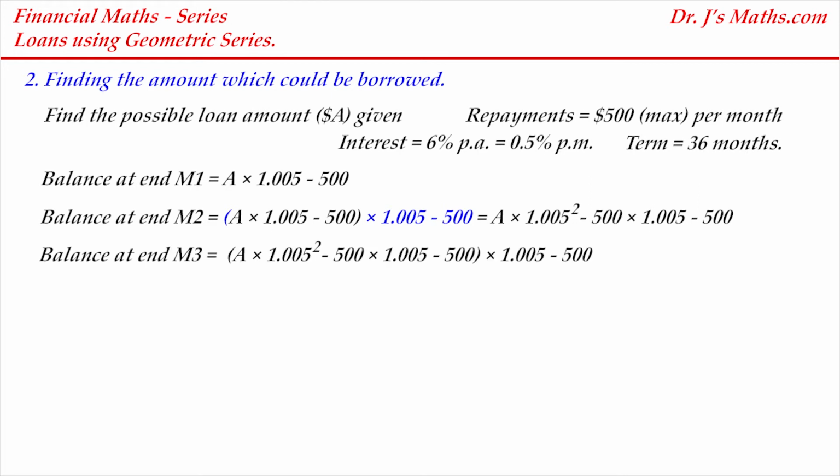At the end of month 3, there's all of that, so we just copy that down, multiply it by the interest again, 1.005, minus the 500 again. It's all the same. We've just got to talk to ourselves about what's happening.